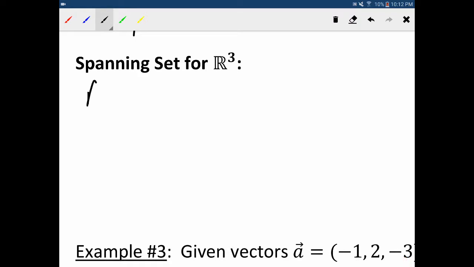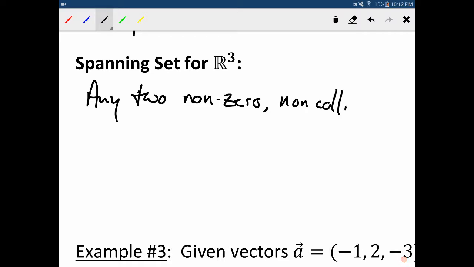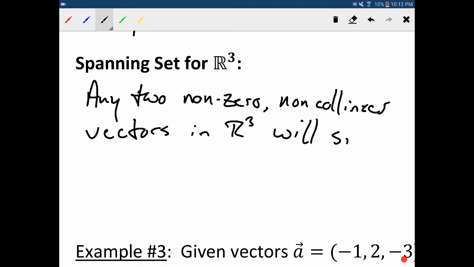Okay, so any two non-zero, non-collinear vectors in R3 will span a 2D plane.